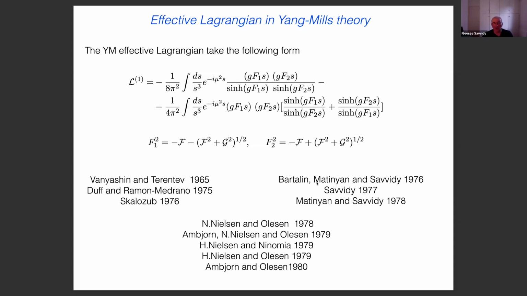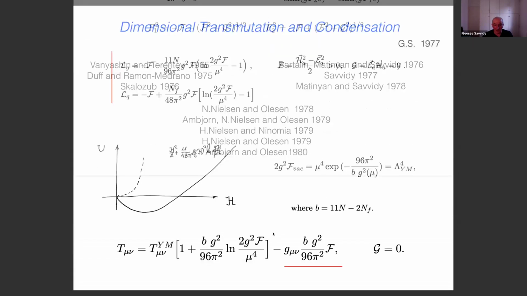Very important to calculate the effective Lagrangian in Yang-Mills theory. There were also some publications in '65, but without understanding the result. In any case, these are the articles which followed the publication of this effective Lagrangian.